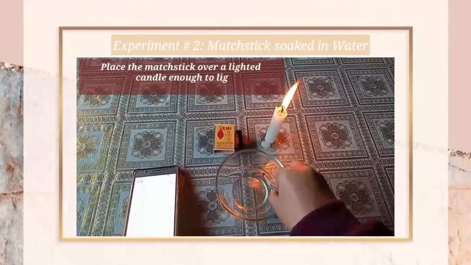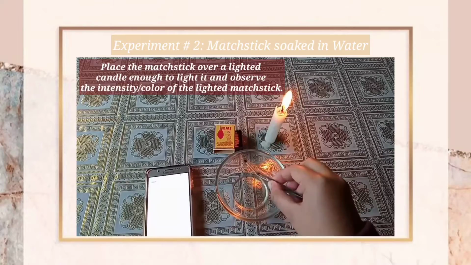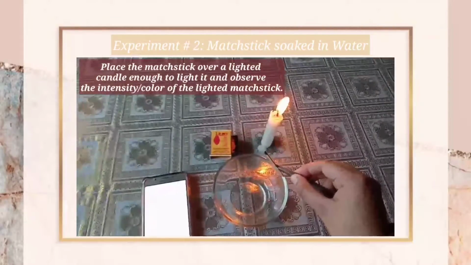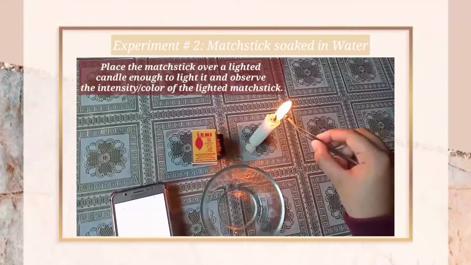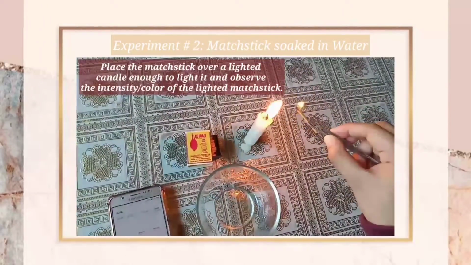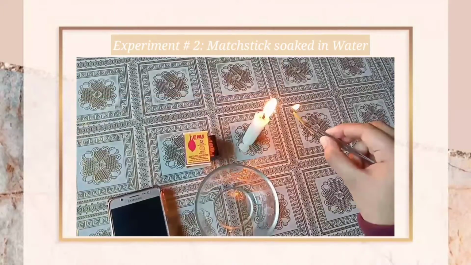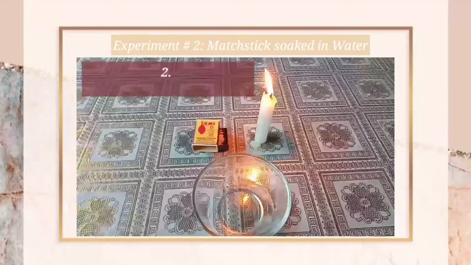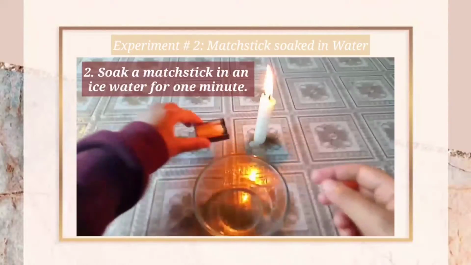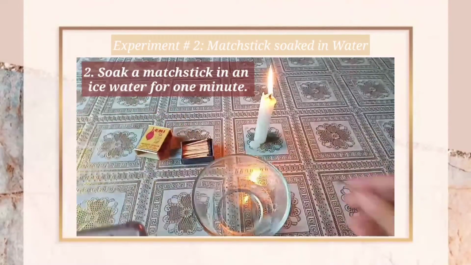After that, place the matchstick over a lighted candle enough to light it and observe the intensity or color of the lighted matchstick. The cold water. Soak a matchstick in an ice water for 1 minute.